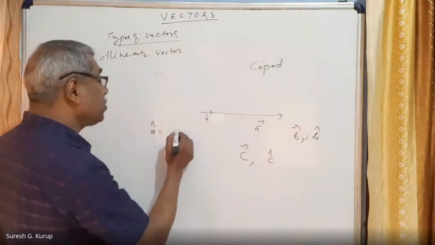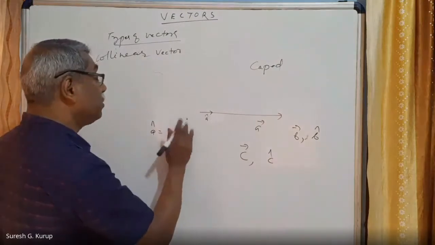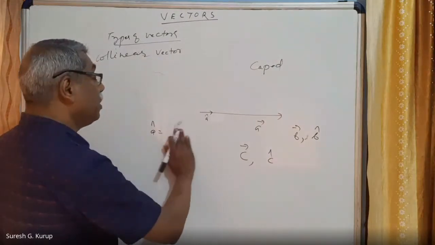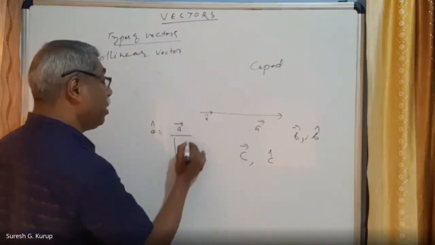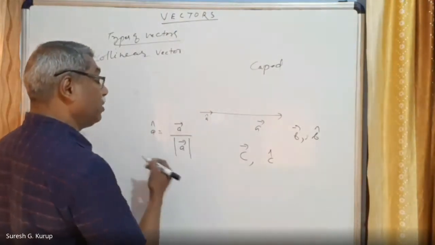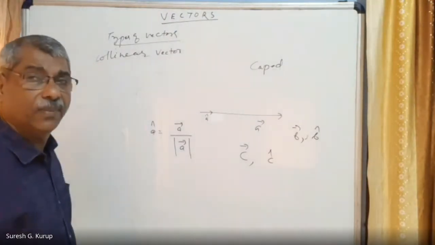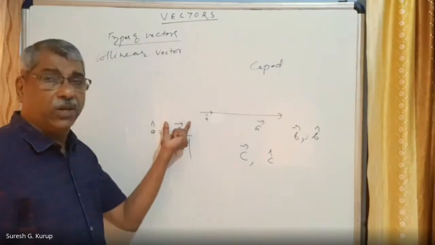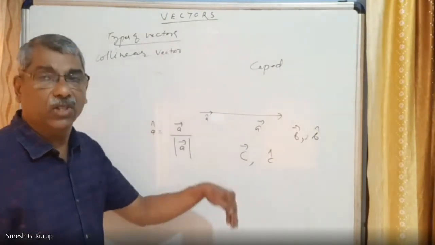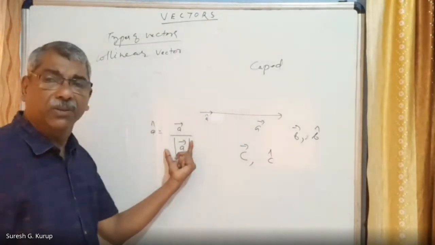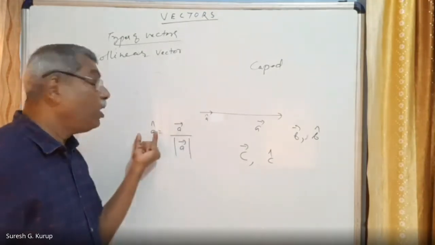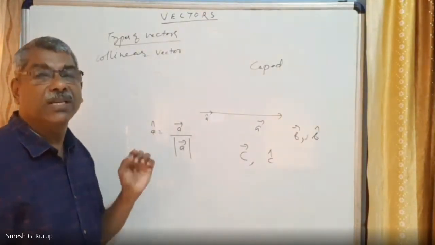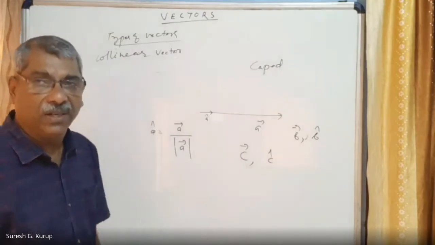Unit vector A is equal to the whole vector divided by the modulus of the vector. The total vector has magnitude as well as direction; divided by magnitude, only direction will remain, because its magnitude is unity.